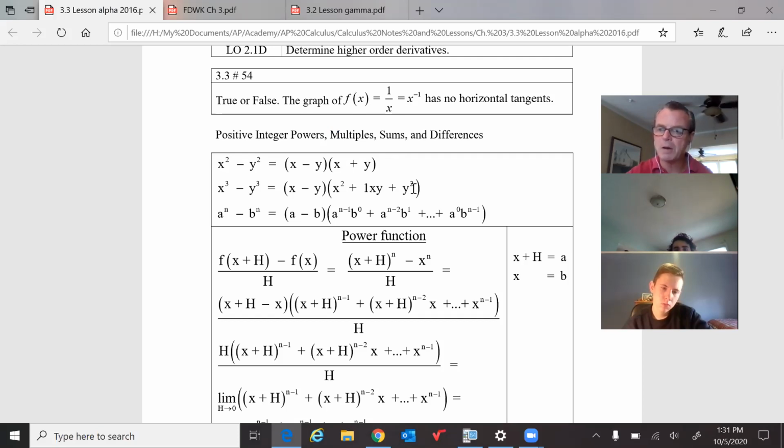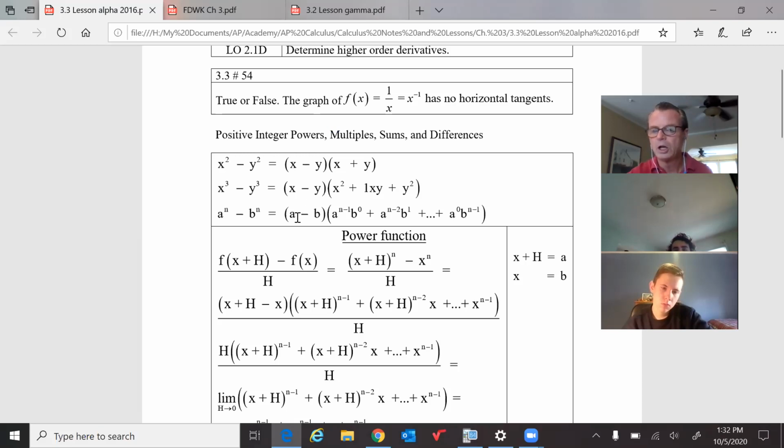You can factor the sum of odd powers, which we don't need for this exercise, but we can factor the difference of any exponent of any power, even or odd. And it factors into this. So this is the general term, and then these two are subsets of that.